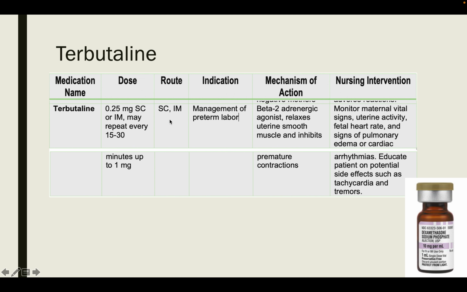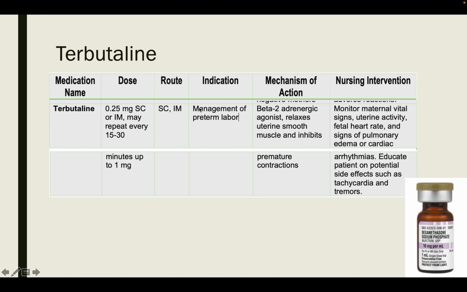Terbutaline is a myometrium relaxant medication. It can be given as sub-Q or IM. The dose is 0.25 milligram. If given sub-Q or IM, it can be repeated every 15 to 30 minutes, based on the condition of the mother, to prevent premature labor.